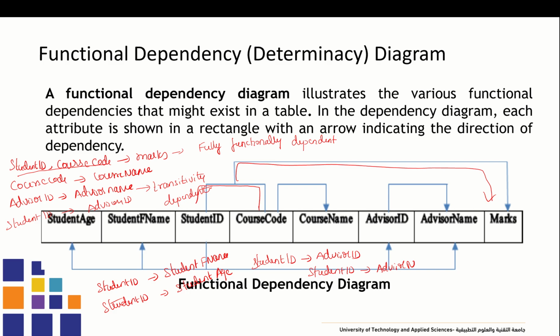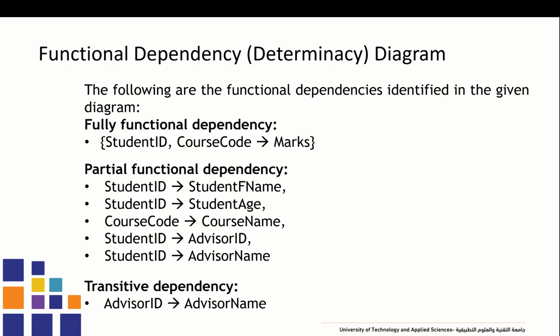You are able to generate a new functional dependency, student ID determines advisor name. Because of this you are able to derive a new functional dependency. And see the left side, this is not the key. The key of this table is student ID and course ID. Advisor ID is not a key. So this functional dependency is called transitivity dependency. You have to write like this: which dependencies are fully functionally dependent, which are partial, and which is transitivity dependency.